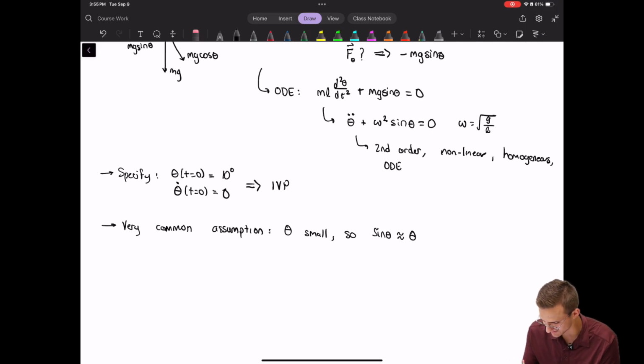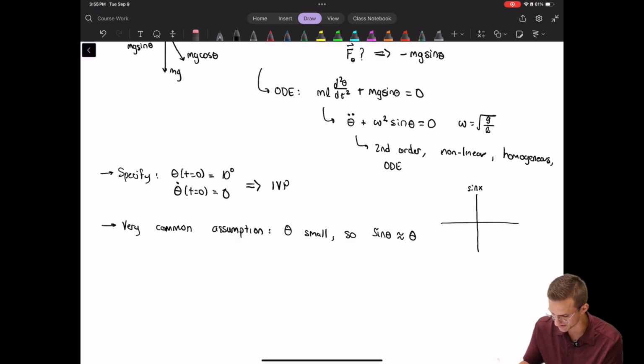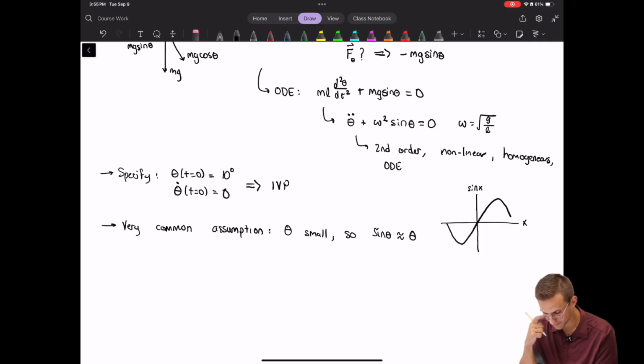But just to make the case really quick, if I plot sine of x as a function of x, it sort of looks like this, right? And if on the same graph I plot x in red, it looks like this.